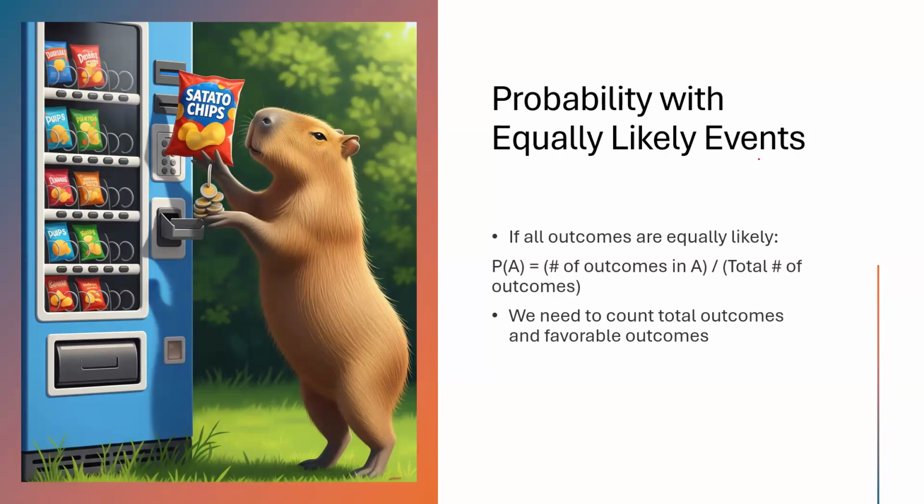If you were to randomly select one snack, the probability of getting a chip is 3 out of the 10 possible options, or 0.3. So anytime we use counting rules to find how many total and favorable outcomes there are, we're setting ourselves up to compute probability easily.